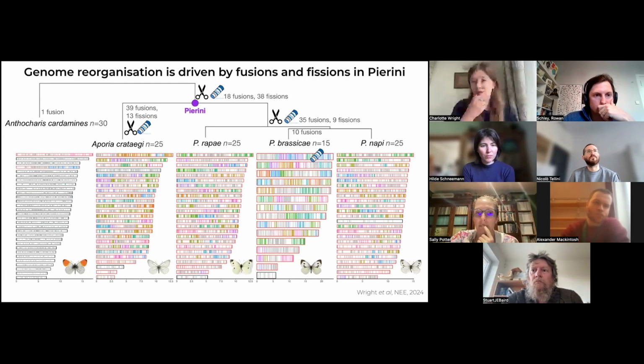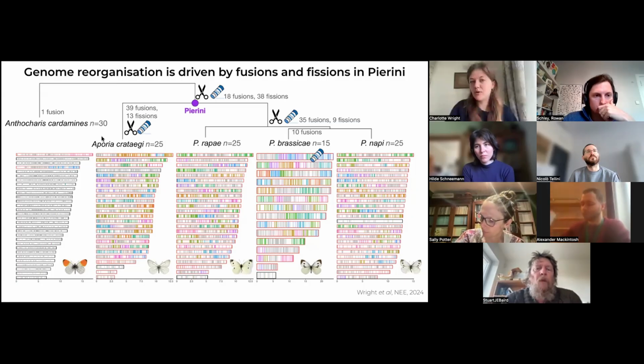And I think why this is worth highlighting as well is that the end output of this is that you end up with species that have 25 chromosomes and 15, which aren't so different from the ancestral state of 30, 31. And so naively using karyotypes, you might think there have been 6 fusions, but actually there have been over 50 events. And so if we build models with karyotypes alone, we're vastly underestimating the total amount of chromosomal change and the models of speciation that that might fit with.